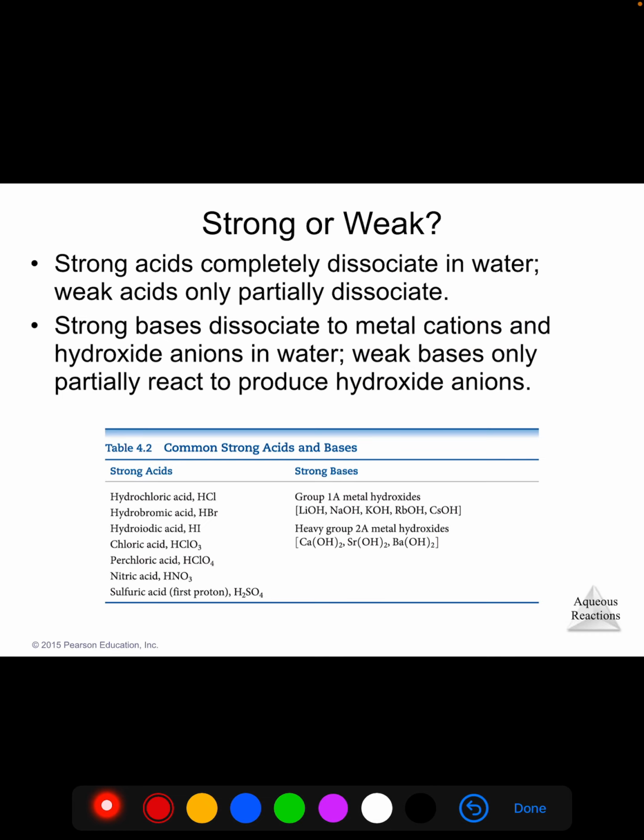Anyway, quickly, there are some acids you should know. Common strong acids: hydrochloric, hydrobromic, and hydroiodic acids. Chloric acid, HClO3. We also use perchloric acid, HClO4.